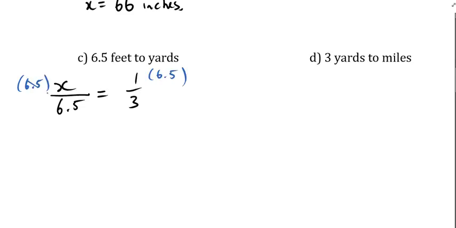And I end up with, so those guys are gone, but I end up with X equals 1, which doesn't really do anything, times 6.5 divided by 3. So X is 6.5 divided by 3, which is what, Ethan? I rounded it to 2.2. Nice, 2.2. 2.2 yards, very good.